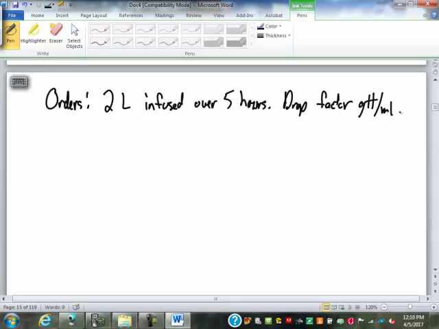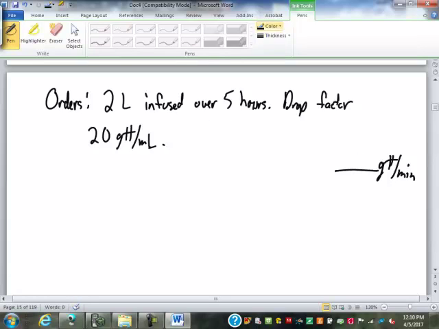We'll do this example anyway. 20 drops per milliliter. Let's find the flow rate, and we'll find our flow rate in drops per minute again. So I'm going to do some changing as I write this out. 2 liters is 2,000 milliliters over 5 hours.